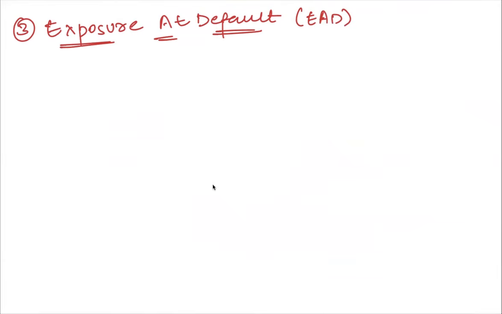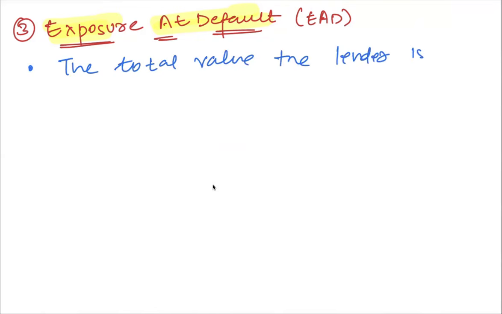So if you see the term exposure at default, let me write the definition first so that it's easy to understand. The total value the lender is exposed to at the time of default.